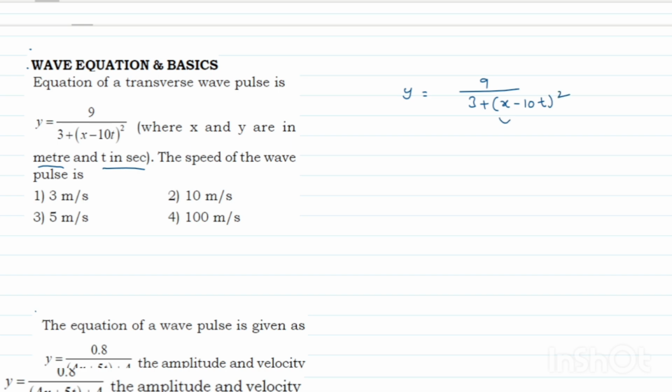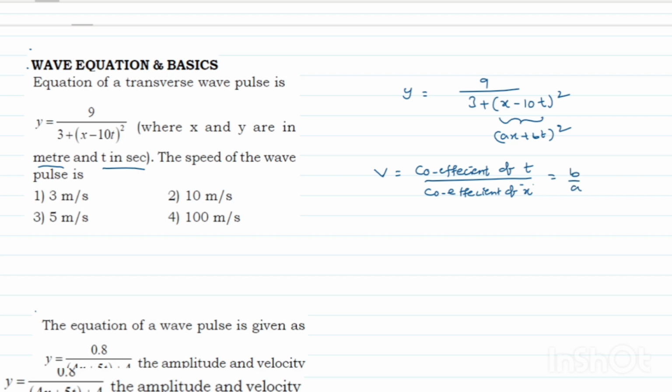Here it is in the form of (ax plus bt) whole square. So if y is a function of ax plus bt, the speed formula will be the coefficient of t divided by the coefficient of x, which is b by a.